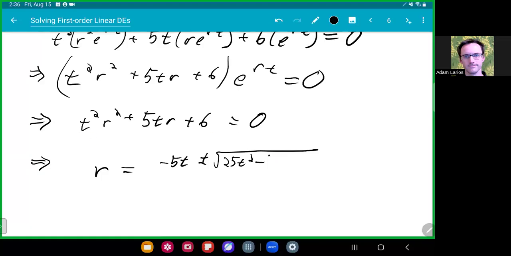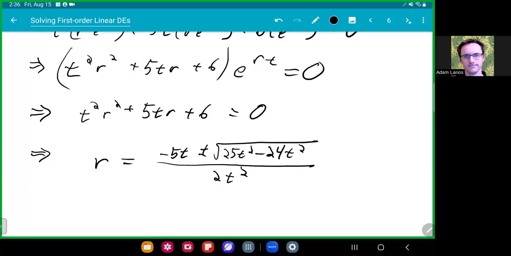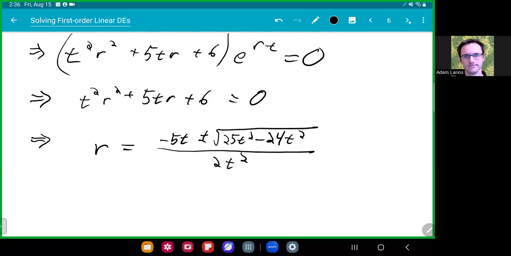So 4 times 6 is 24, so it's minus 24 t squared here, and then divided by 2a, so 2 times t squared. Something kind of nice seems to happen up here. We get a 25t squared minus 24t squared. So we get something like negative 5t plus or minus, then it's just a t squared there.